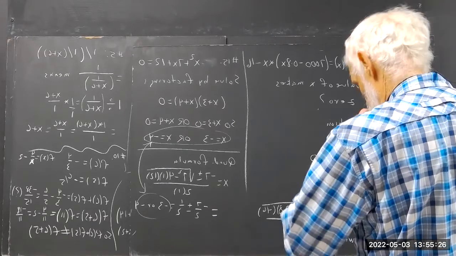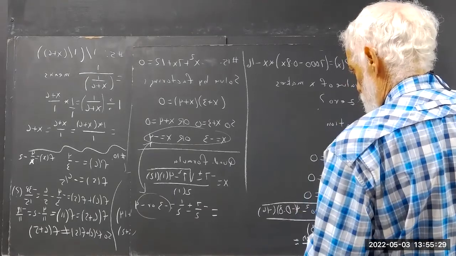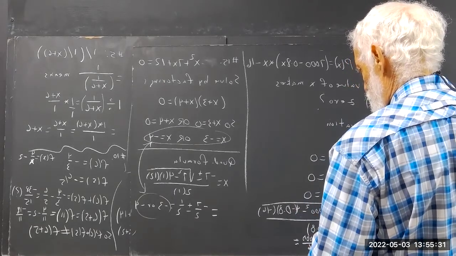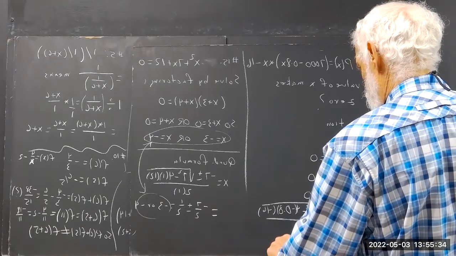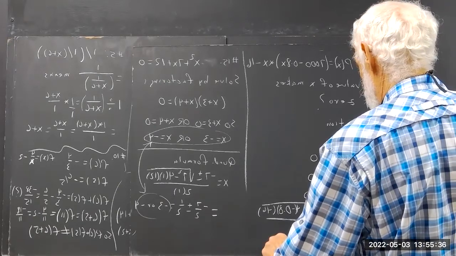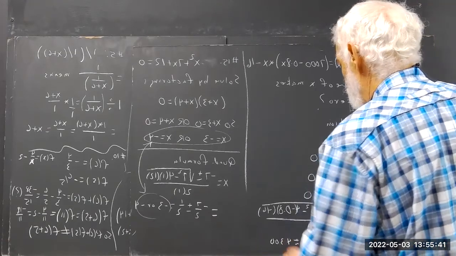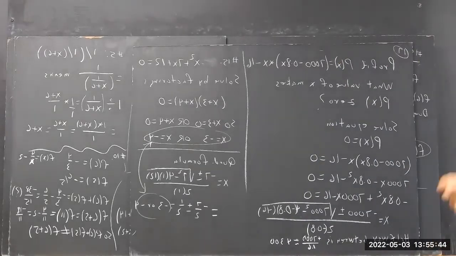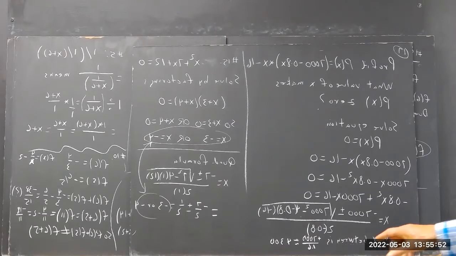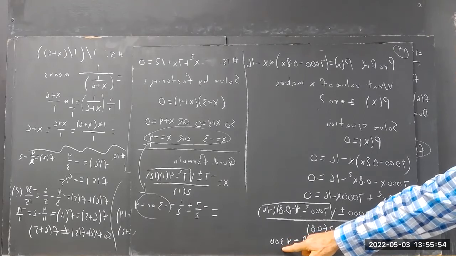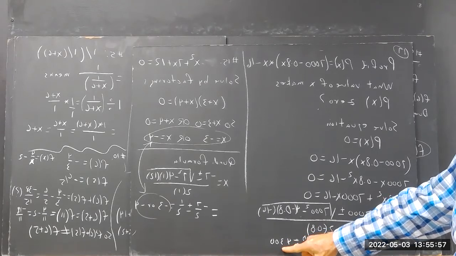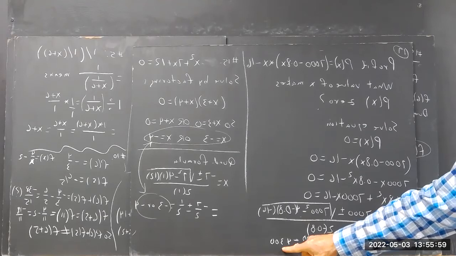Now that's approximately equal to say 4,300 or something like that. So halfway between the two values is 4,300, which means that you've got to charge 4,300 bucks for a widget to maximize your profit. Okay.